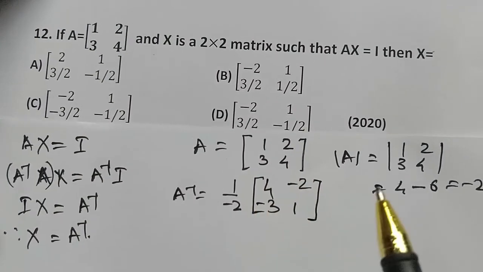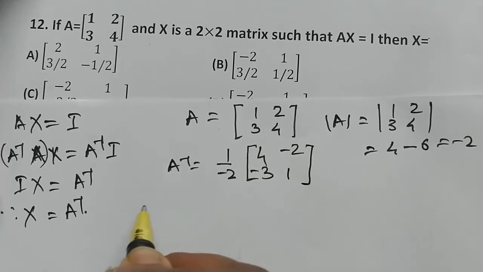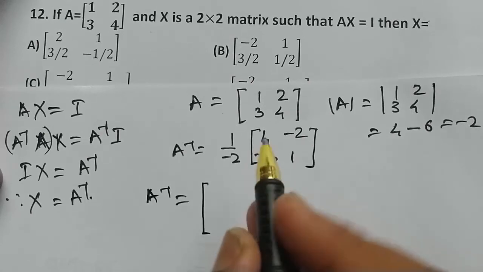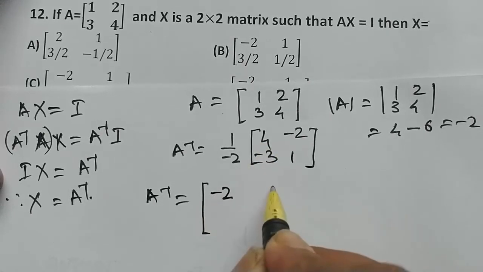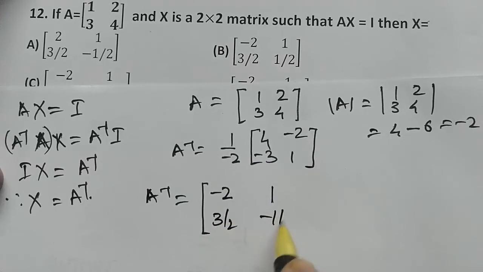So we multiply by minus 1 upon 2. So A inverse is equal to [-2 1; 3/2 -1/2].